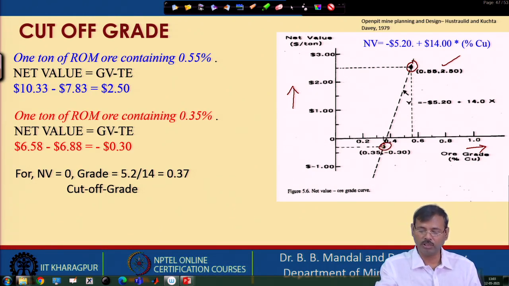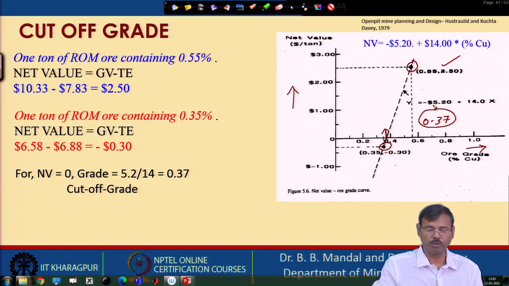For plotting the 0.35 grade, we have a loss of 0.3. So, if we draw a straight line, this point is coming at 0.37. So, this 0.37 can be considered as the cutoff grade, which basically gives us the no profit, no loss condition.